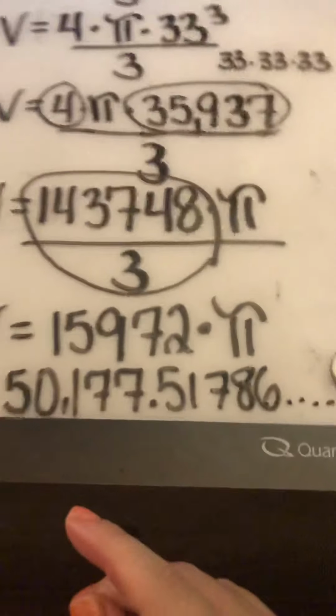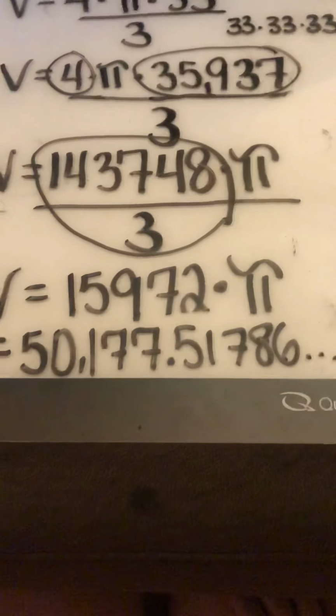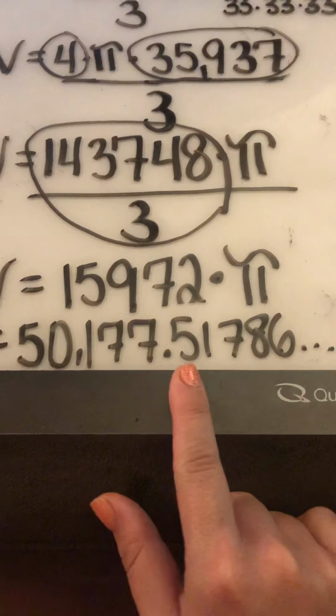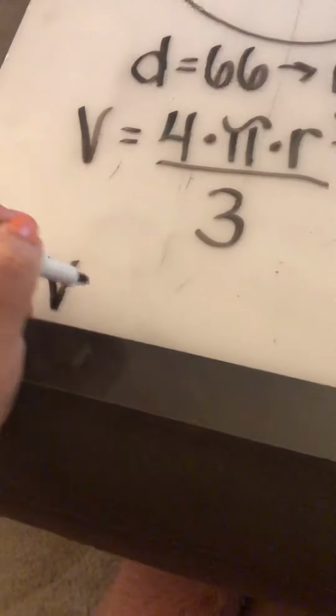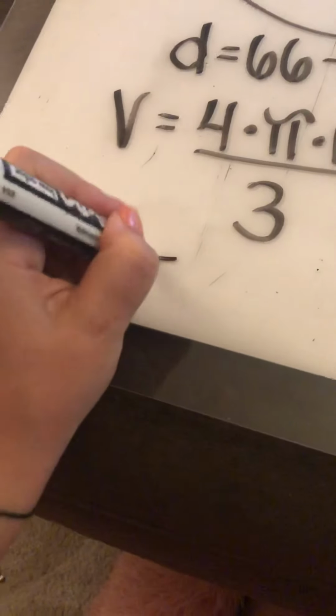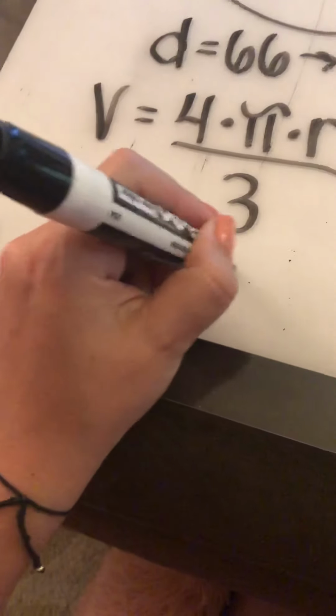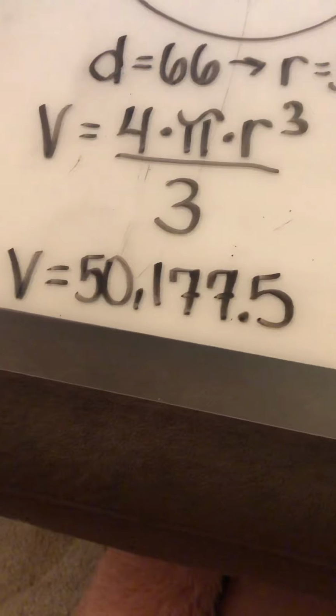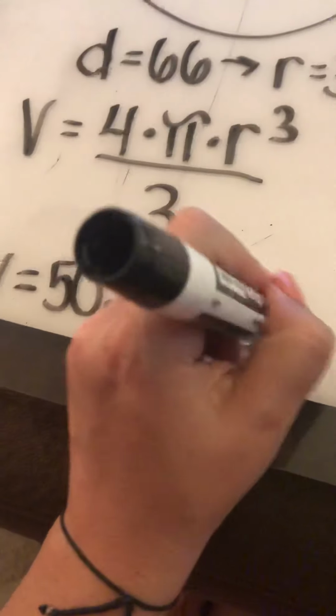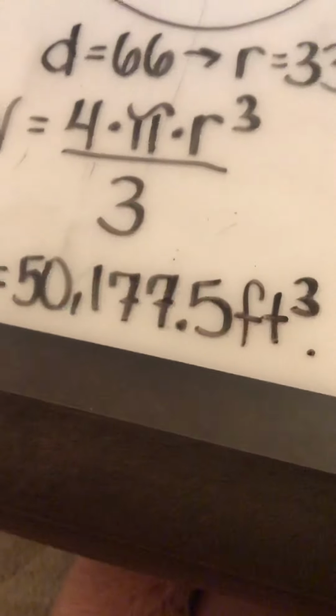Okay, but we're going to round to the nearest tenth. So if I'm looking at my decimal, I have a 5 here, but a 1 here, so the 5 would stay. So I'm just going to put my final answer to the left because I ran out of room. So V equals 50,177.5. And remember, we're back to volume, so our units are going to be cubic, so feet cubed. And that would be our final answer for the volume of the sphere.